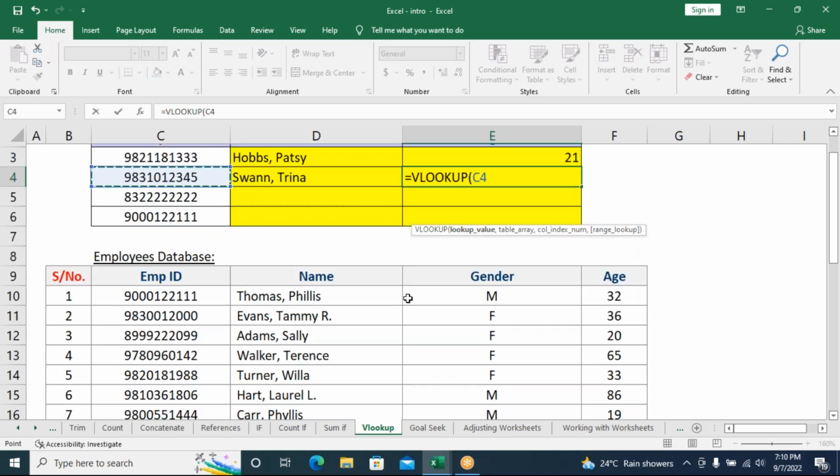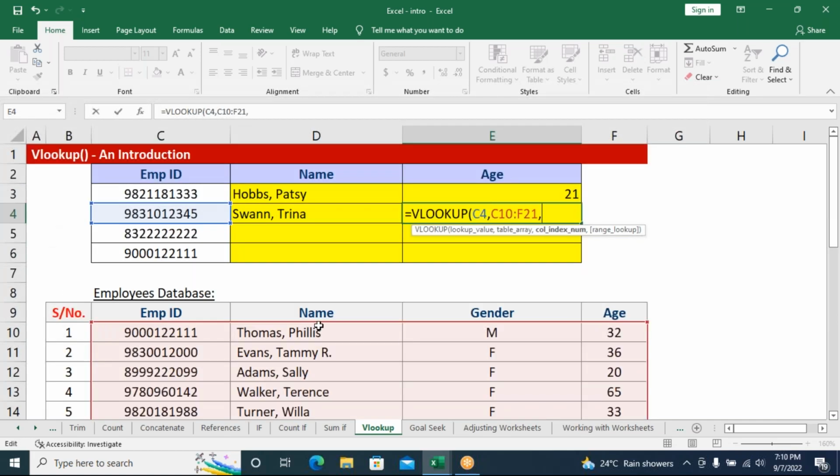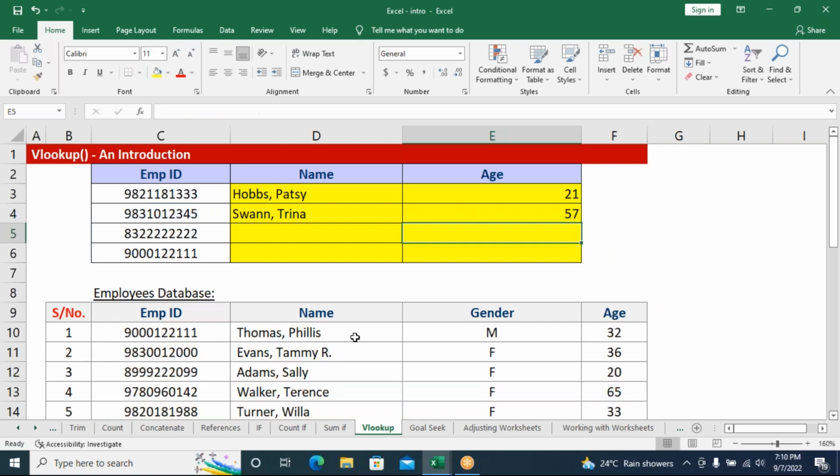Now my column index number: that is age. According to my table array, age is in the fourth column. First, second, third, fourth. So I'll type in 4 and I want the exact match. I close the parenthesis and enter. When I look at Swan and Trina's age, it is 57.